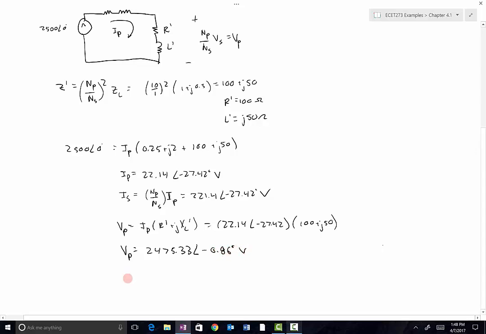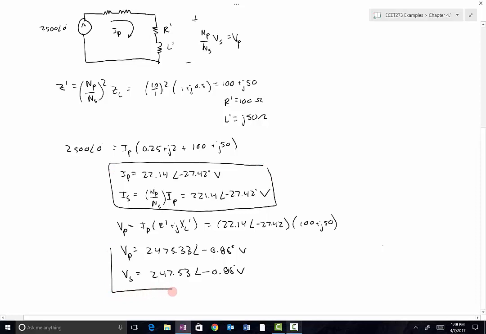And then I can determine VS. Since this is a step down type transformer, VS is just a tenth of that. VS is 247.53 at an angle of negative 0.86 degrees volts. So now we've got IP and IS, and VP and VS.